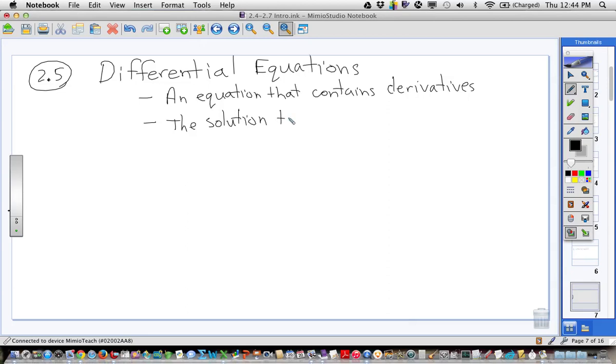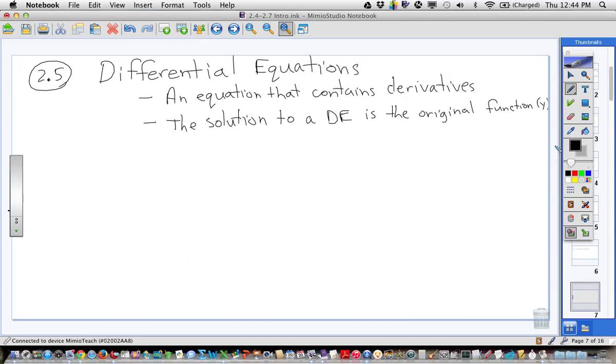The solution to a, and then we abbreviate these DE. You'll see these referred in the book all the time as DEs, differential equation. The solution to a differential equation is the original function. We'll just put a y there. It's not always a y. It could be other things. For some reason, in differential equations, we use y a lot more than we use f. We don't use f notation as much for our functions when we do differential equations.